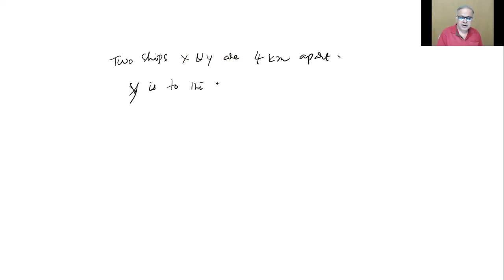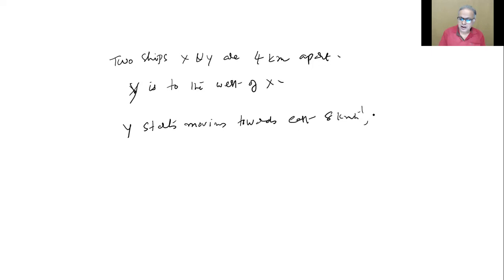Y is to the west of X. Y starts moving towards east with 8 km per hour, and X towards the south with 6 km per hour. What is the closest distance of approach between them?